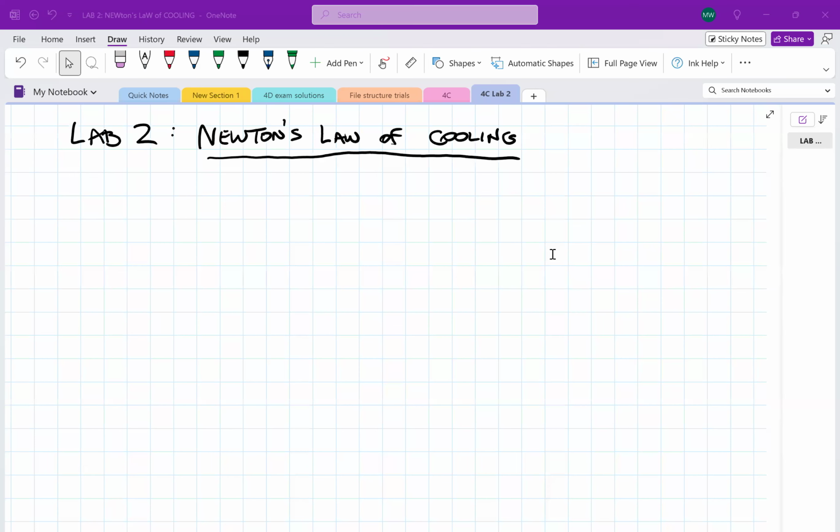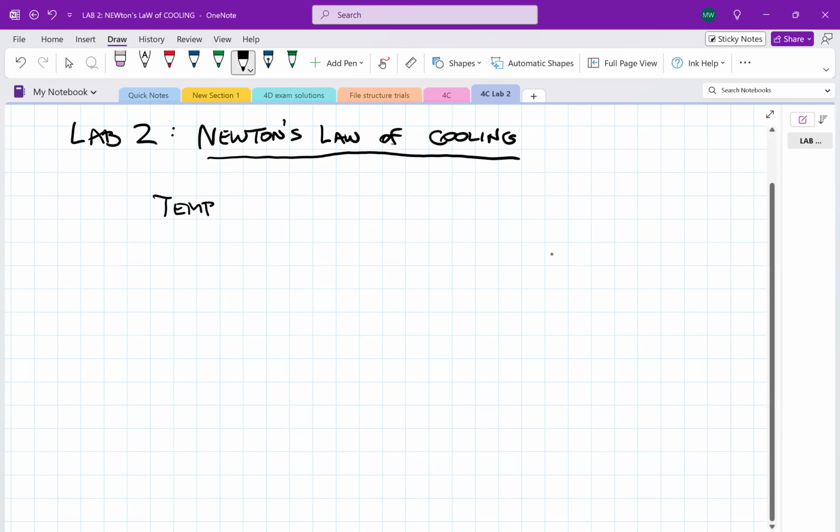Okay, so let's take a quick look at what we've got. Newton's law of cooling, as I presented it in class, deals with the temperature differences between the cups of water and the environment.